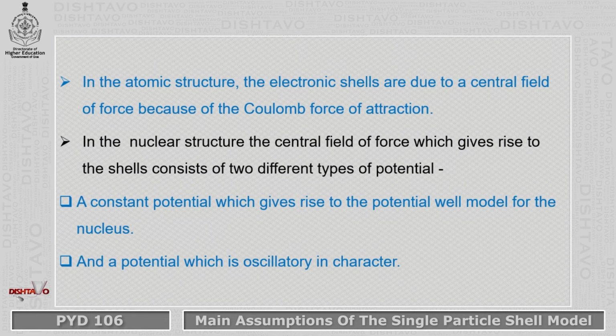In the atomic structure, the electronic shells are due to a central field of force because of the Coulomb force of attraction. While in the nuclear structure, the central field of force which gives rise to the shells consists of two different types of potential. A constant potential which gives rise to the potential well model for the nucleus and a potential which is oscillatory in character.